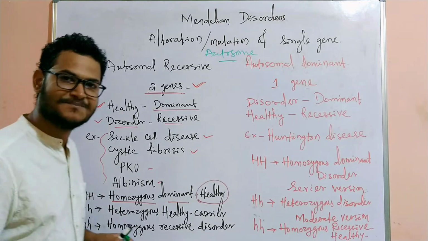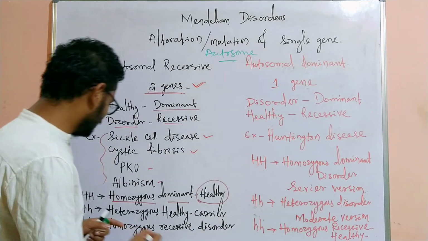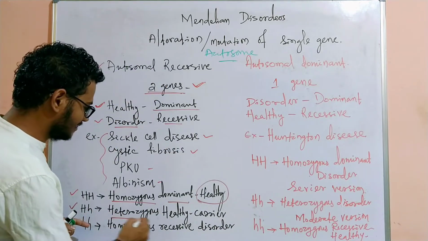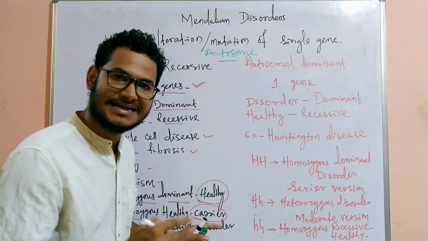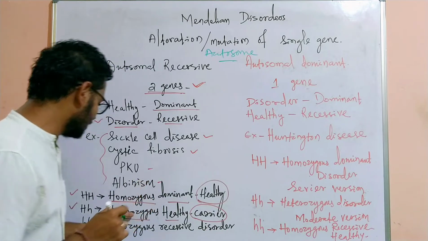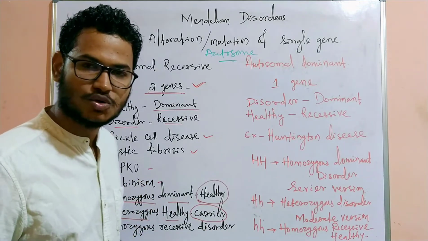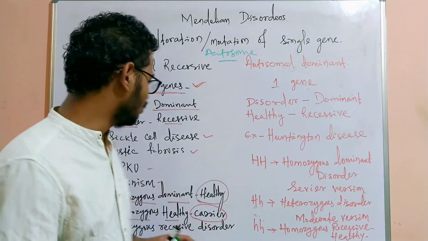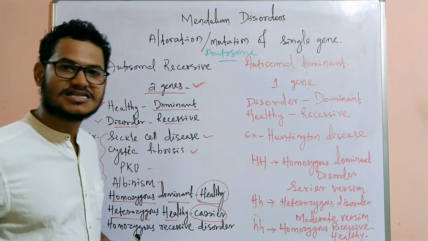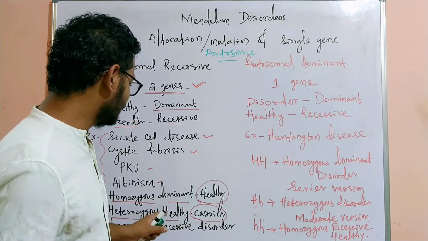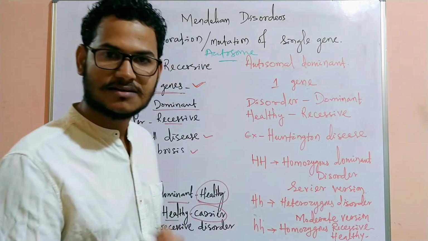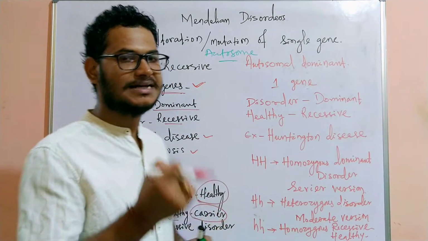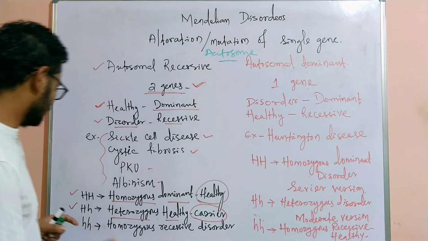In that condition, the offspring or the child will be heterozygous healthy, or a carrier of the disorder. This individual is not affected with the disorder because it is an autosomal recessive disorder. The individual is said to be a carrier because it carries the defective gene but is not affected with the disorder.